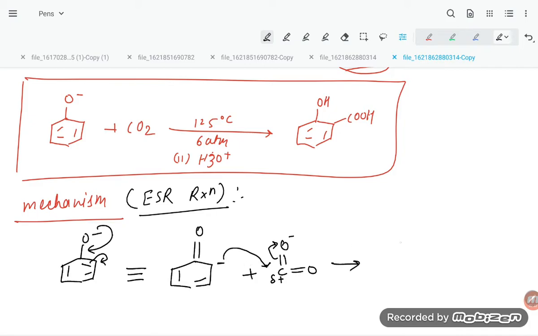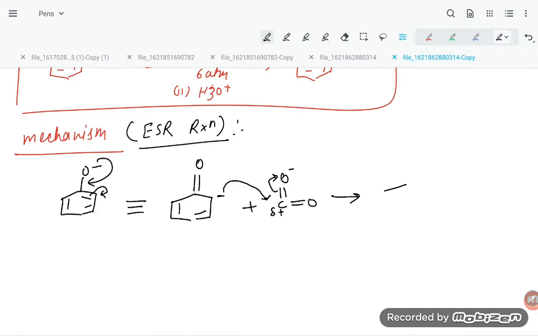So you can see the intermediate formed here: H is already there, here is CO minus, and here is C double bond O. In this process the bond attacks, and the phenoxide will form again.